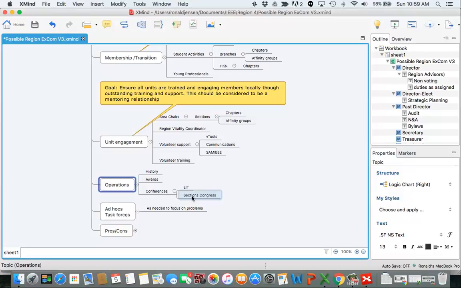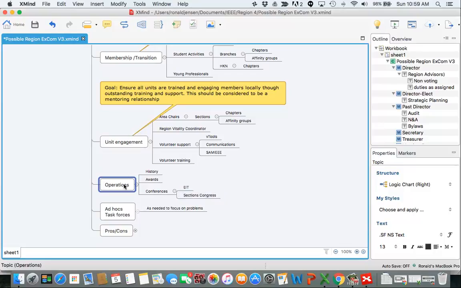It's another way to engage members, and perhaps engage them more locally, so you don't have to travel across the world to attend a conference that might have material of interest to you, but you might be able to find one more locally.